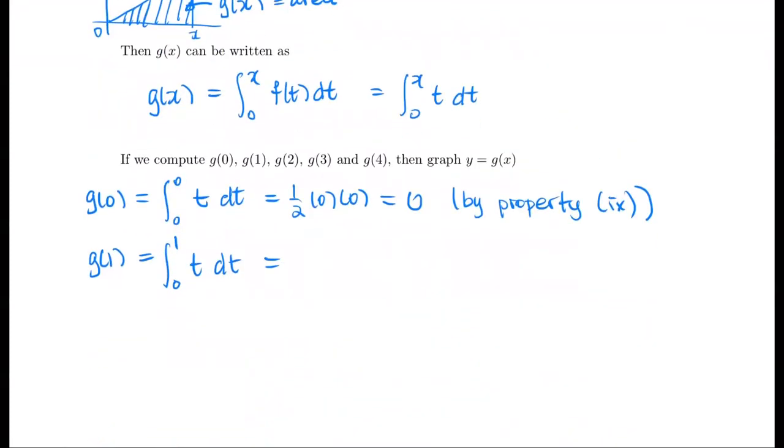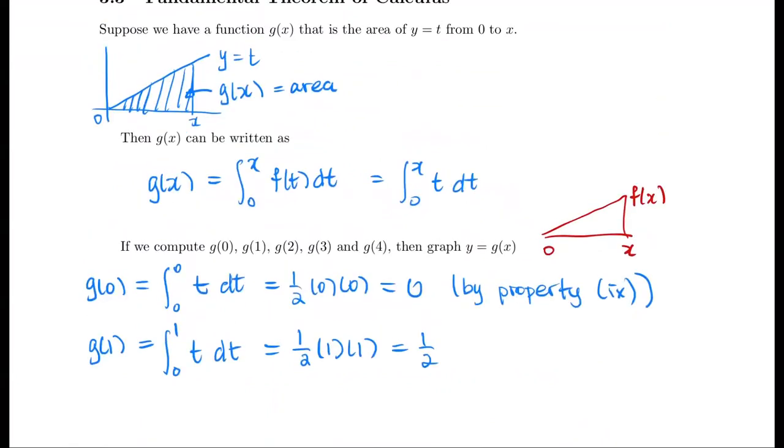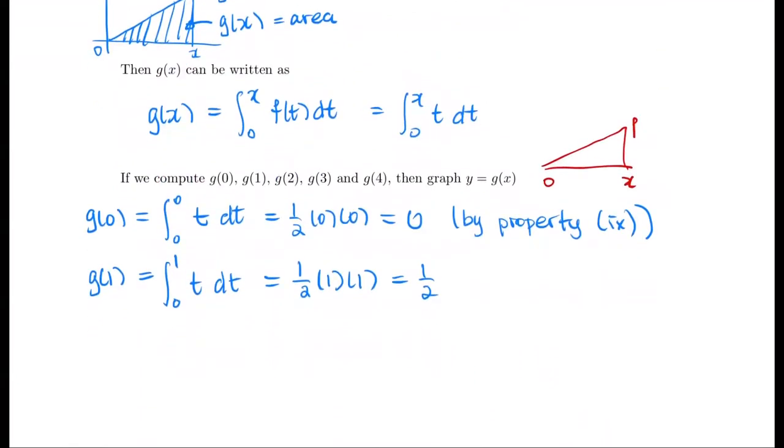So that means we have a half times 1 times 1, which gives you 1/2. So if you think about the area of a triangle, this is between 0 and 1, and the height here would just be f of x, or y.